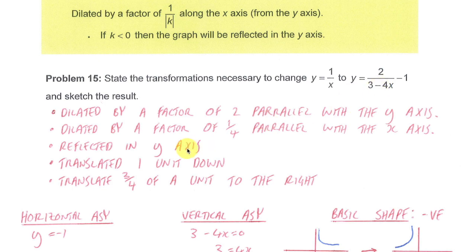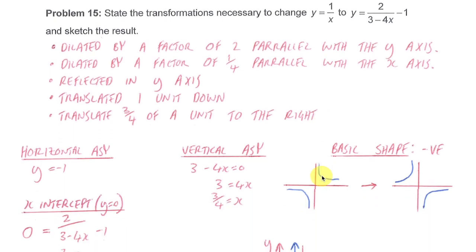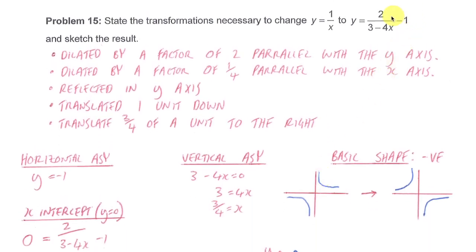This negative, we're reflected in the y-axis. Again, every x value is being multiplied by -1. Translated 1 unit down, and translated 3/4 of a unit to the right. Take what this is, make it equal to 0, solve for x. Horizontal asymptote, y equals -1. Vertical asymptote, 3/4. Our basic shape, we go from the standard hyperbola to the negative hyperbola.